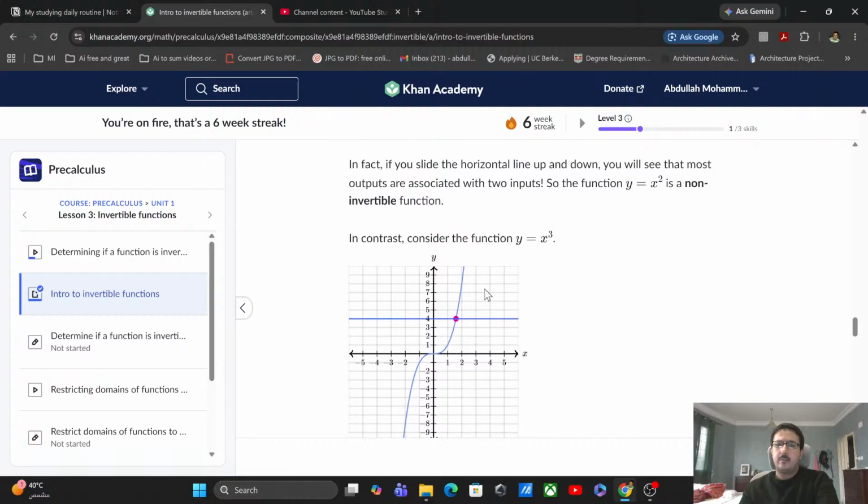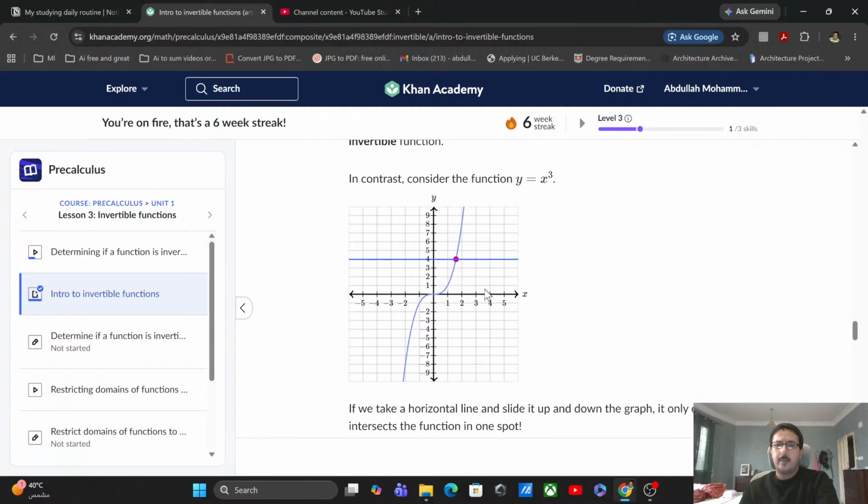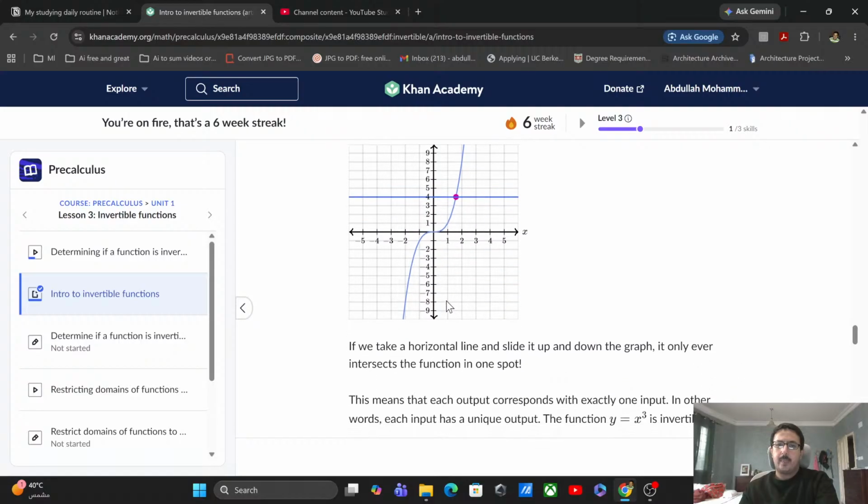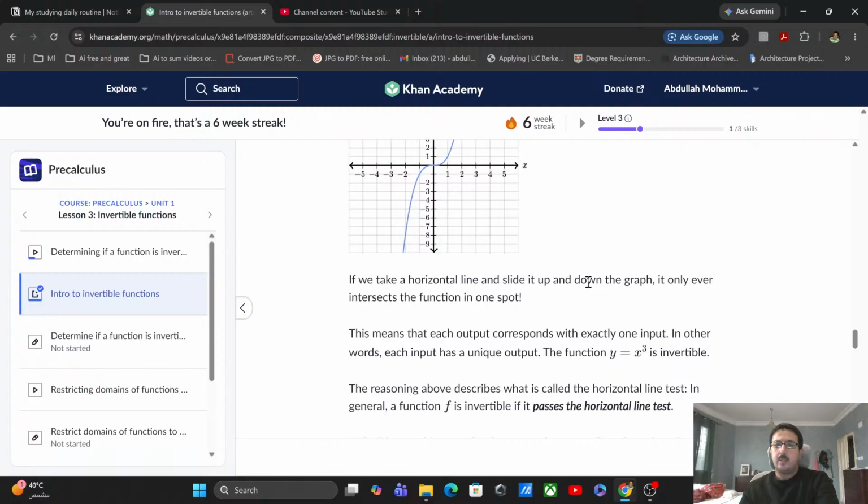Let's consider the next function. What is this? Hyperbola, parabola? Yep. Take a horizontal line.